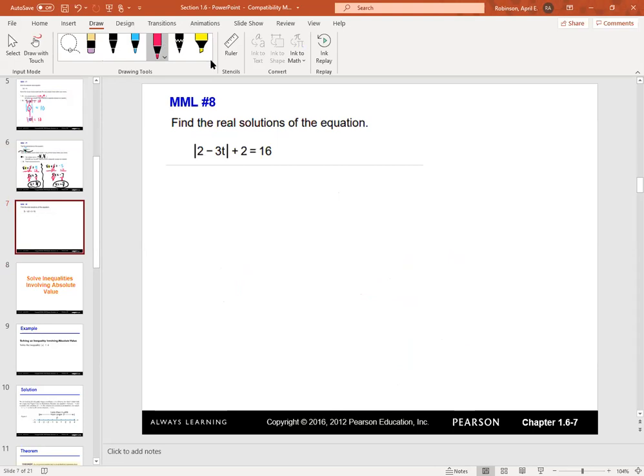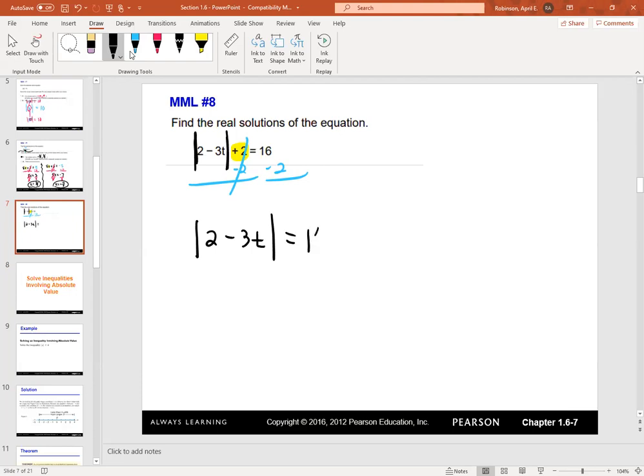This +2 right here is not inside the absolute value. My absolute value is right here. That +2 is outside of it. So I'm going to subtract it off and cancel it out. I'm still going to have the absolute value of 2 minus 3t, but now it's going to equal 14. And then this is where you split it into two.